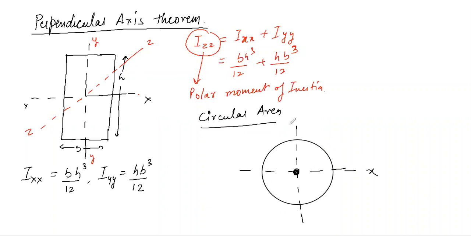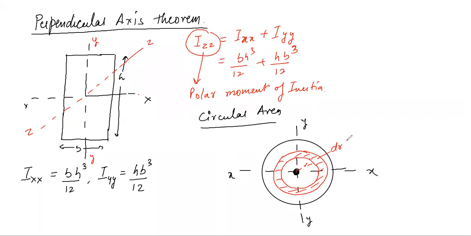So how you are going to find this moment of inertia about x and about y axis को अगर हम कैलकुलेट करना तो हम एक काम करते हैं कि let's cut an elemental ring here, right? Let's cut an elemental ring which is defined as R, right? And this is defined as your dr, right?